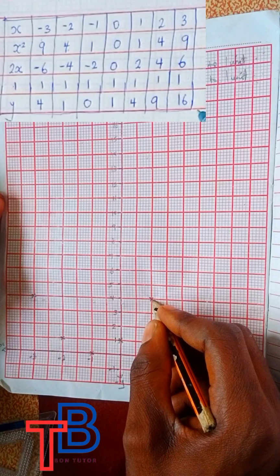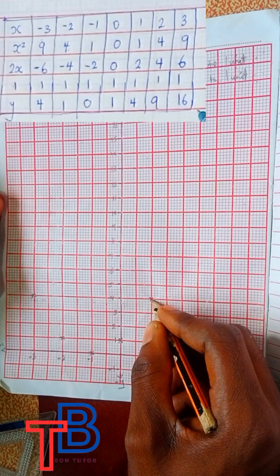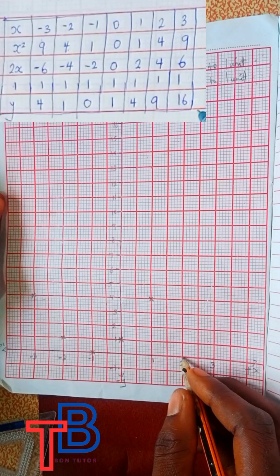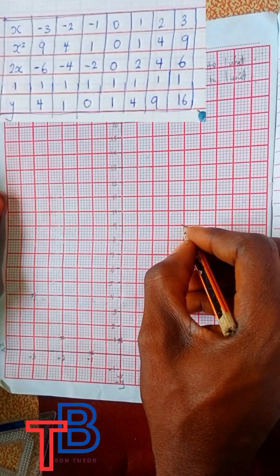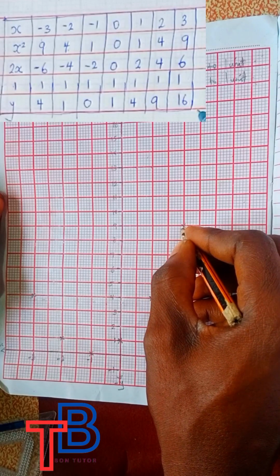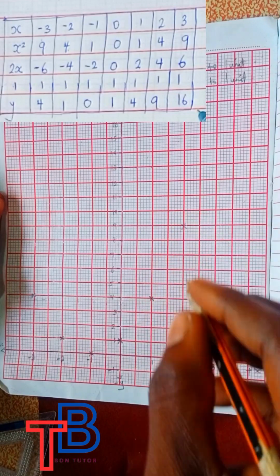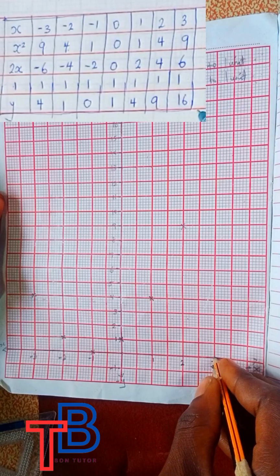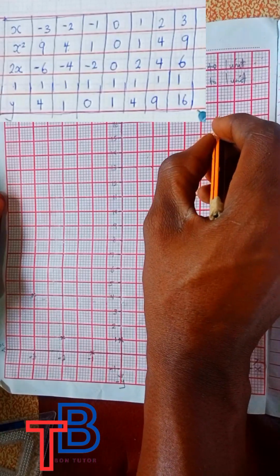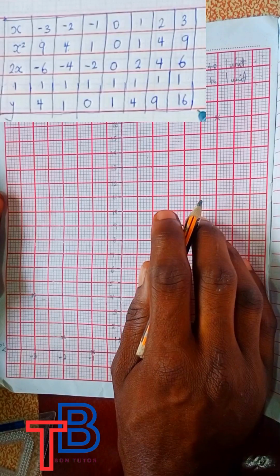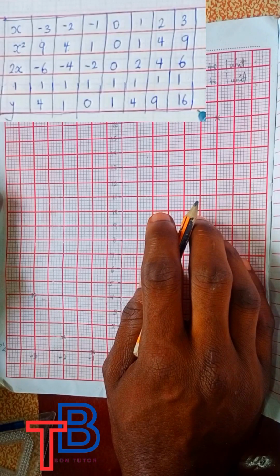When my x was 2, my y is 9, so I have my 2 at x here. I'll trace it to my y to be 9. When my x was 3, the value of my y is 16, which means I'm tracing that up to 16. And those are the corresponding value of my x to y.